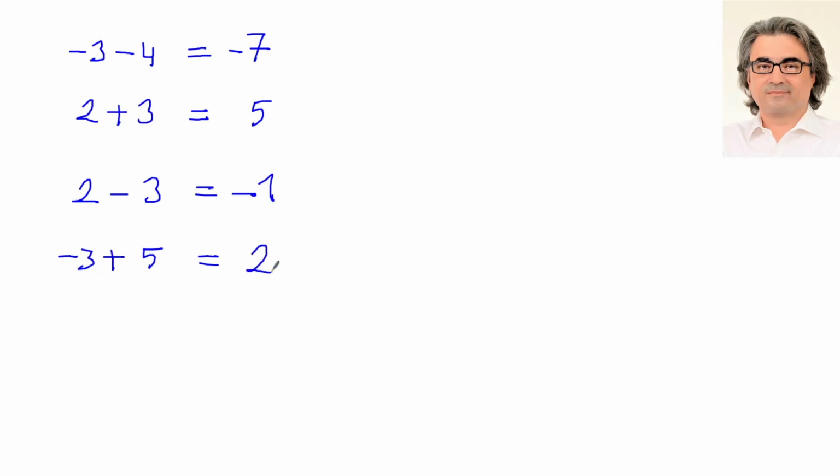Difference is 2. So what should be the sign of 2? The sign should be the sign of greater one. Which is the greater number, 3 or 5? Of course 5 is the greater one. What is its sign? Plus. Put here plus. But I don't need to write plus, as you know from our previous lessons, because it means plus.